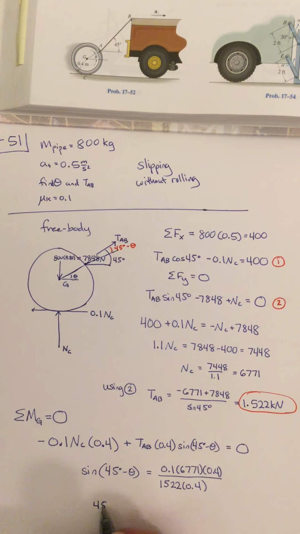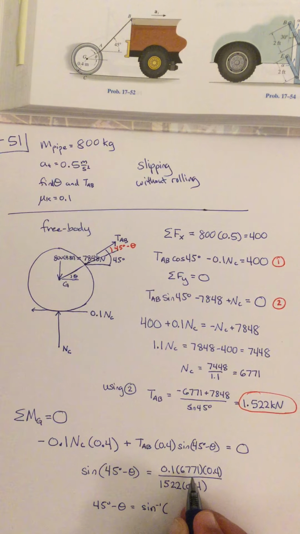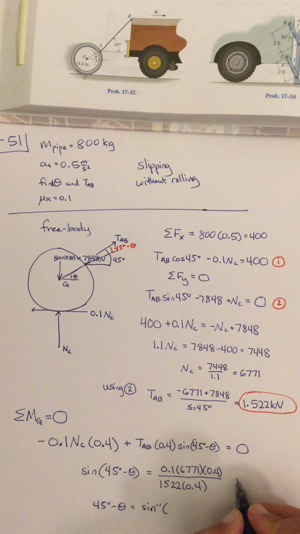So you have 45 degrees minus theta is equal to the inverse sine of whatever this is here. And I think for that you get 0.4449.